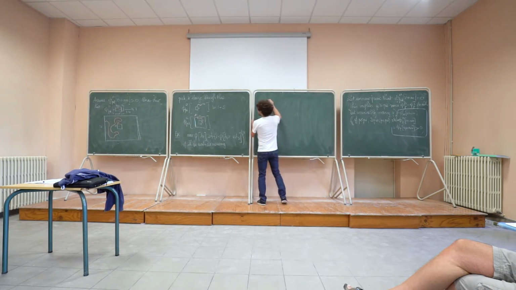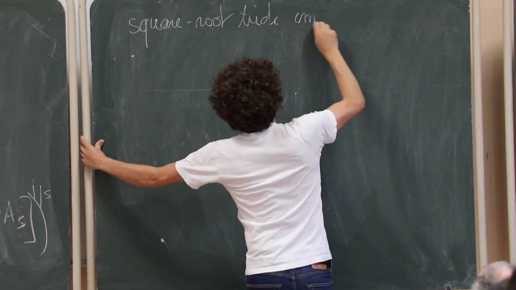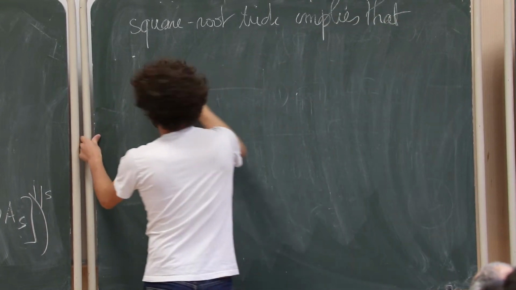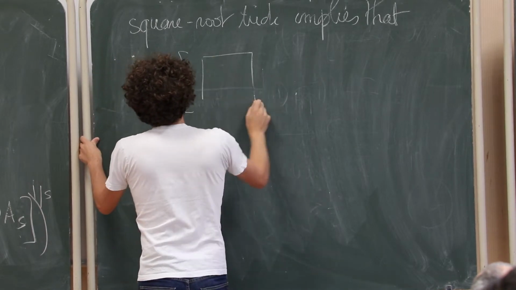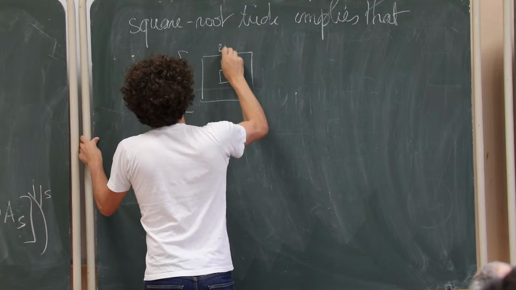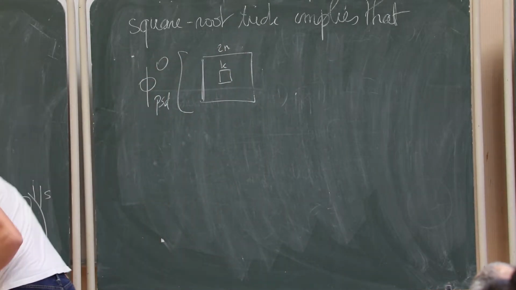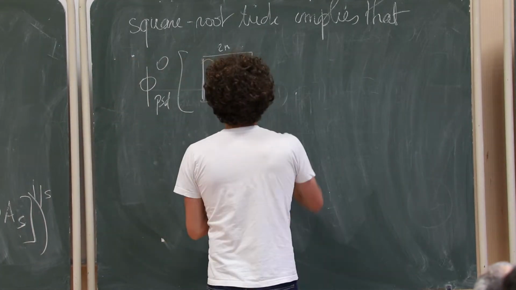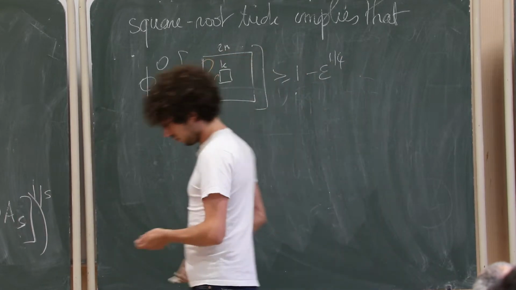But the square root trick implies that this thing is larger or equal to 1 minus epsilon to the 1/4. Okay?